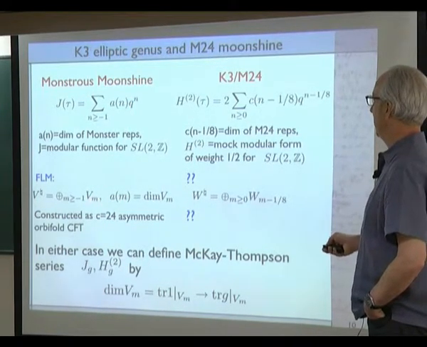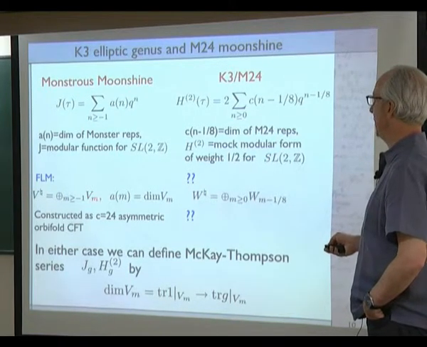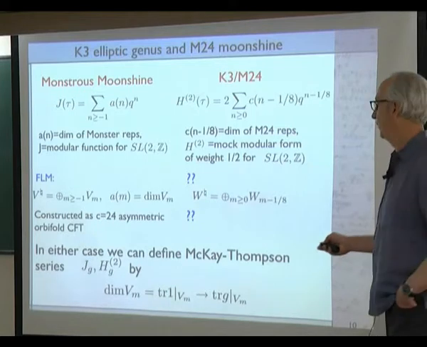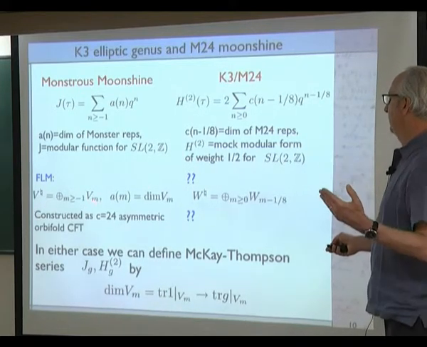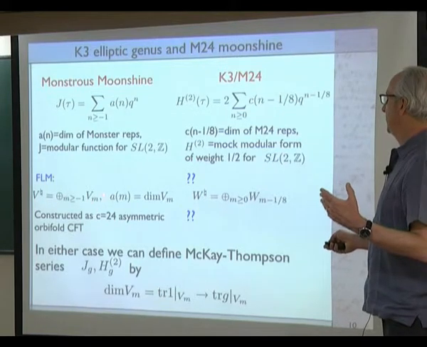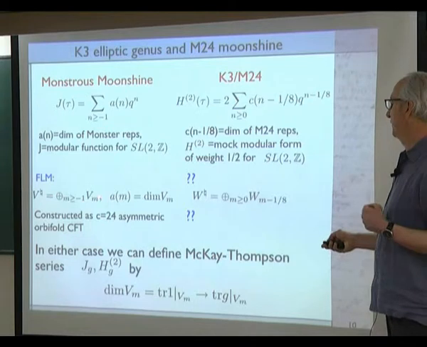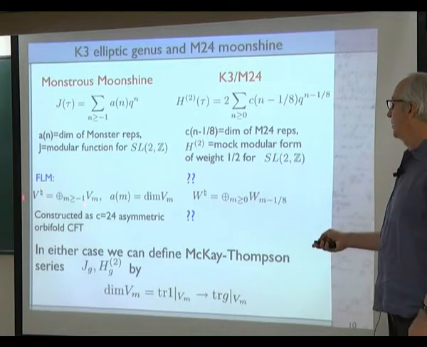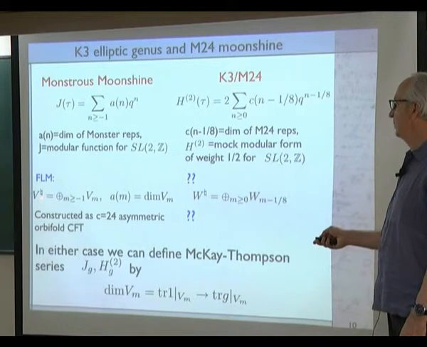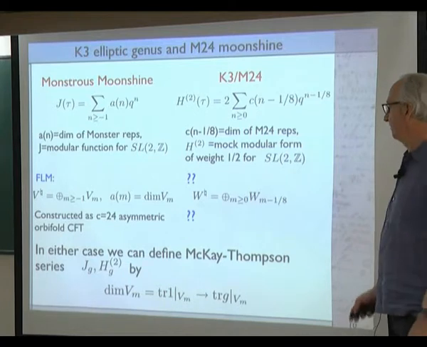Another way of saying that is that at each L0 eigenvalue in that conformal field theory, there is some vector space Vm of states with that conformal weight, and those vector spaces carry a representation of the monster, so they're modules for the monster. There's an infinite set of those graded by L0, so there's something they call V natural, which is an infinite dimensional module for the monster.